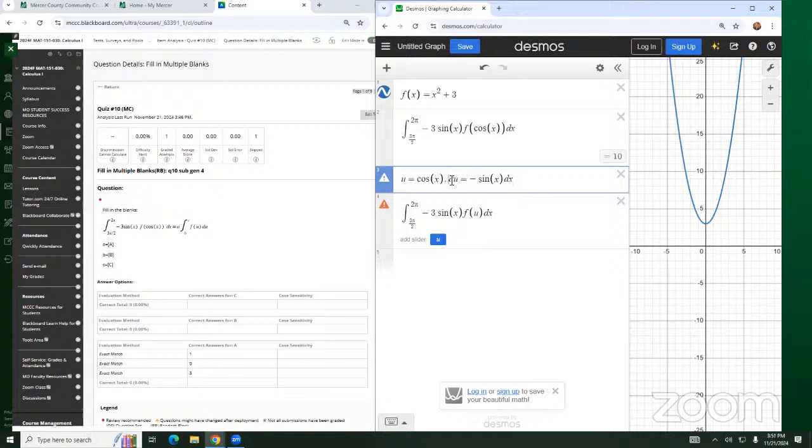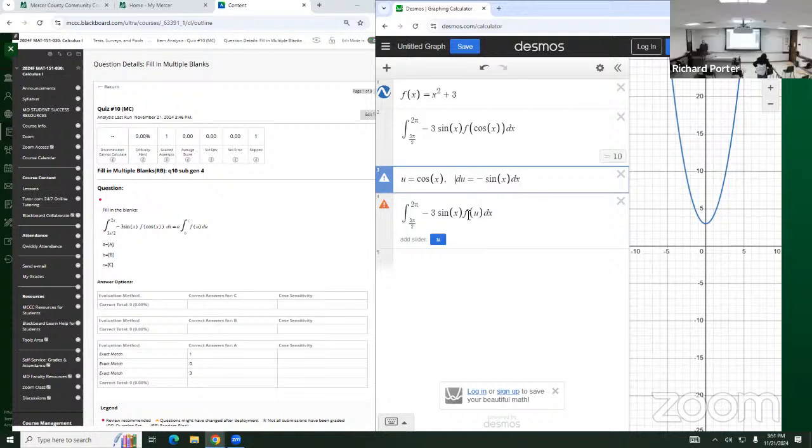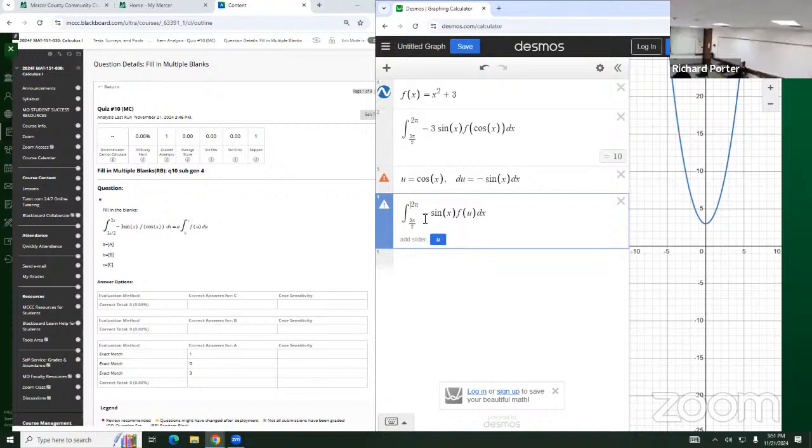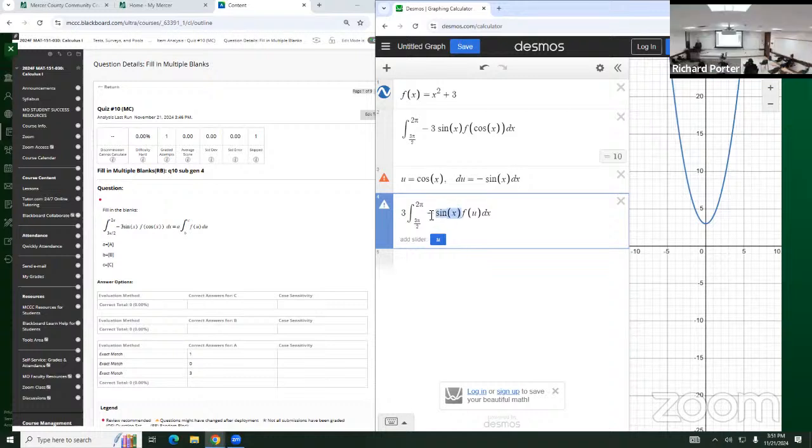Okay. I need that because when I replace the u in there, I'm going to have to replace the dx with a du. So let me rearrange some of this. I'm going to take the 3 and put it out front because you can do that with integrals. You can take numbers outside. This minus sine of x, I'm going to cut that out and put it here.